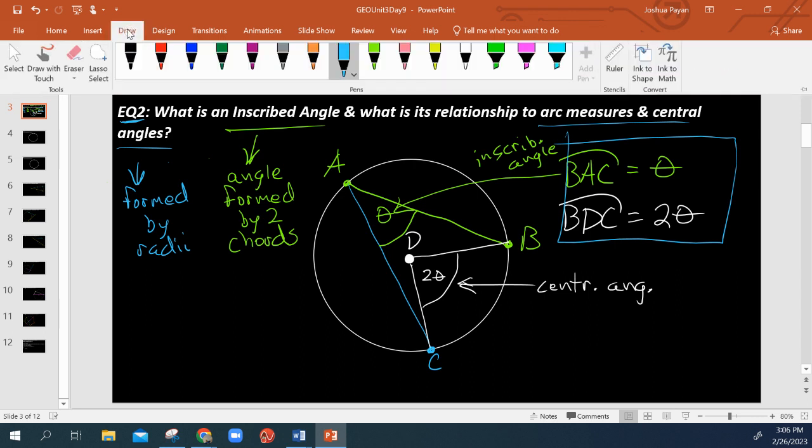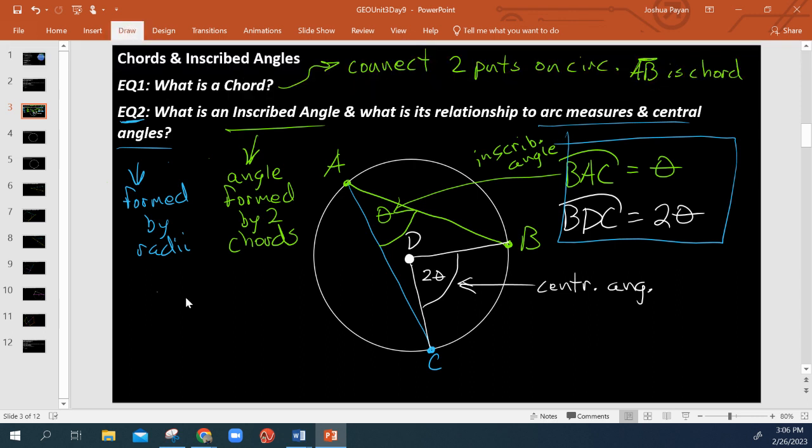We see this relationship here, and the way you can word this is: inscribed angles are half central angles or arc measures, those are synonymous.